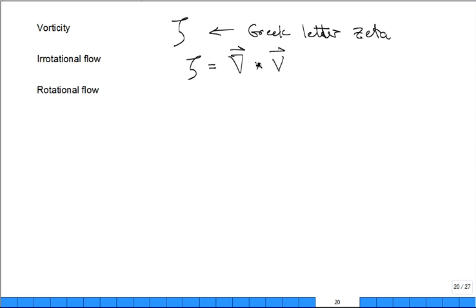This is the vector notation del cross. Del cross is the notation for the curl.